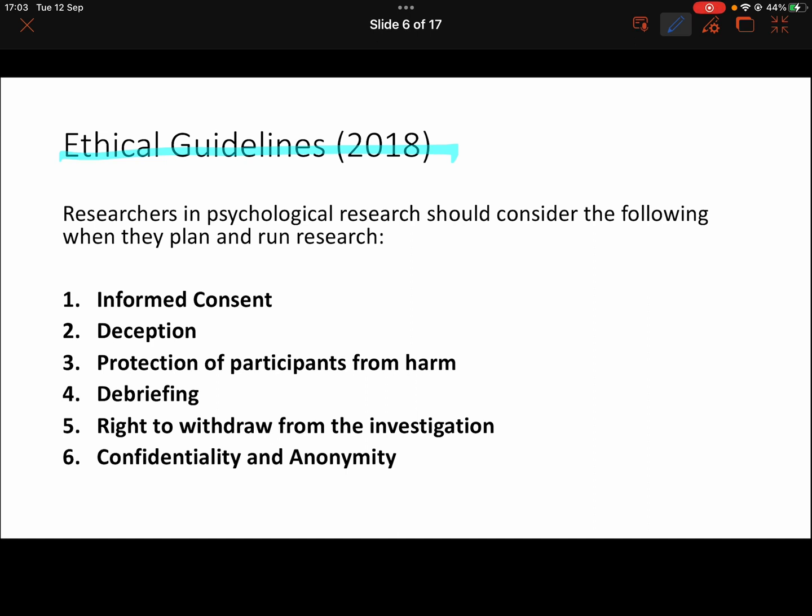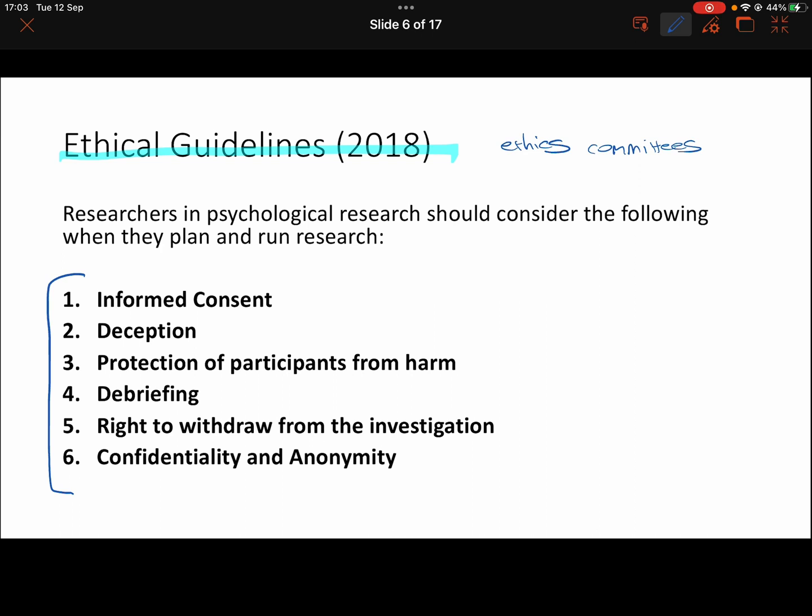But for now, I just want you keeping this in mind, that all psychologists in the UK must keep in mind these ethical guidelines and must adhere to them when conducting research. And in order to police that and to make sure that this is happening, we have ethics committees that will review any research proposals, will ask for amendments if they don't think it's ethically sound, and will approve it if they are happy with it, if they do think that participants' rights are being upheld.